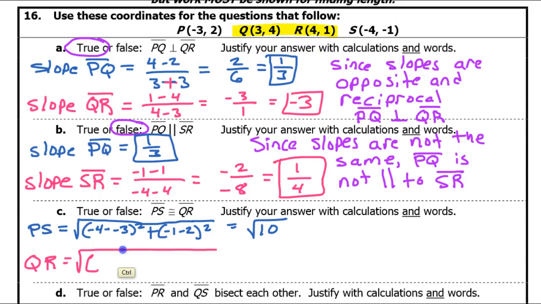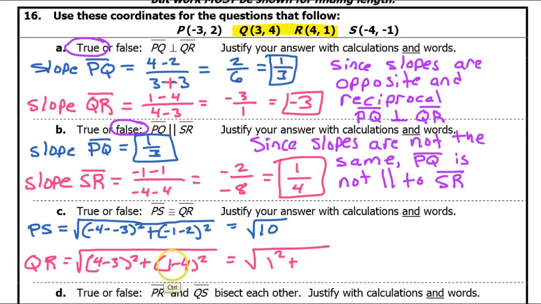So x minus x, that'll be 4 minus 3 squared, and then y minus y, so that's 1 minus 4 squared. Well look, 4 minus 3, that's 1. So what I really have is 1 squared.